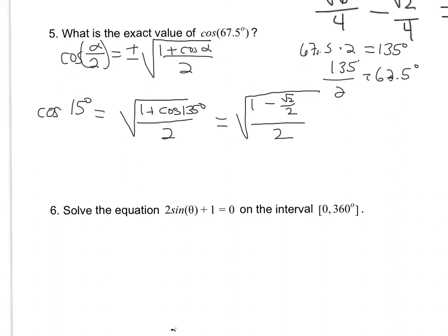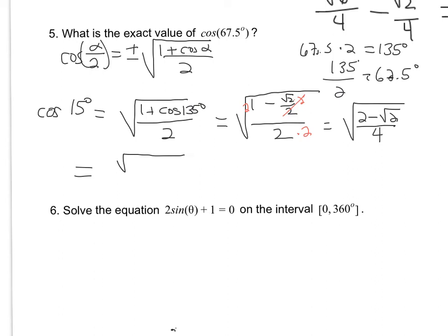Now one thing we do to simplify this, if you recall, we'll multiply everything by 2 to get rid of this fraction. So our simplified version will be square root of 2 minus the square root of 2 all over 4. But if I want to take it a step further, the square root of 4 is just 2.